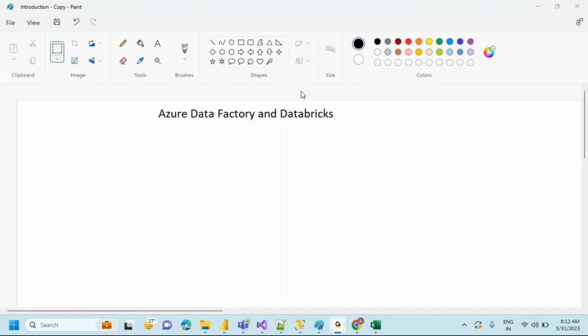Many people are not interested in writing code, so Microsoft provides a user interface, and also the feasibility to write notebooks. So 80% is with Data Factory and 20% is with notebooks. Notebook means Databricks.